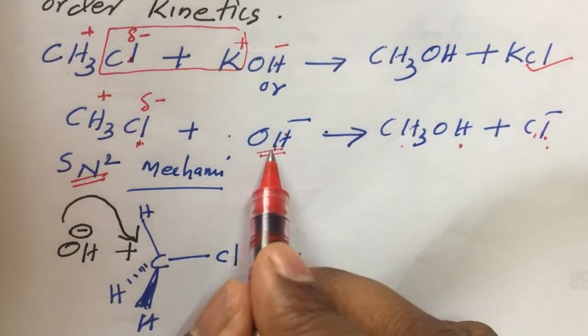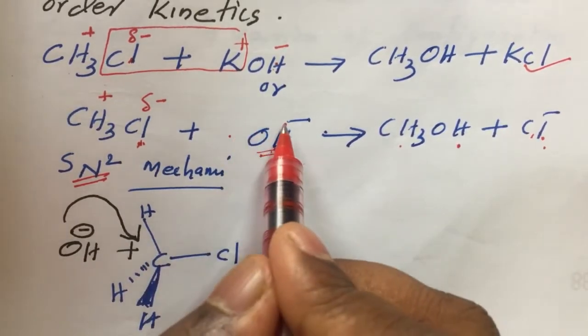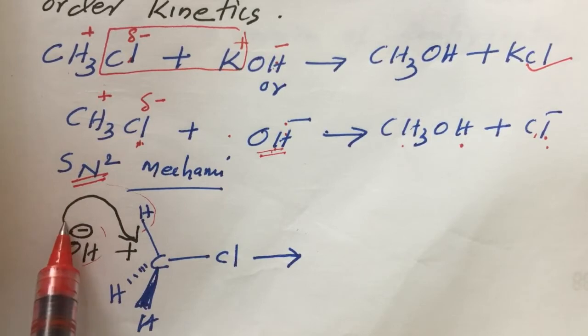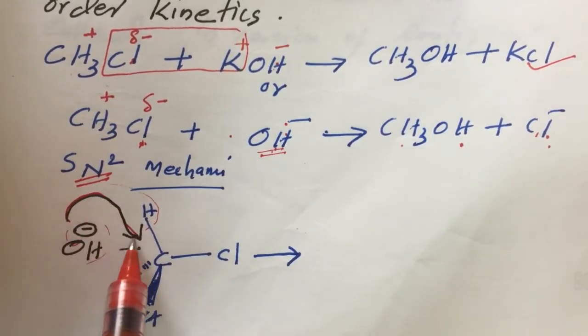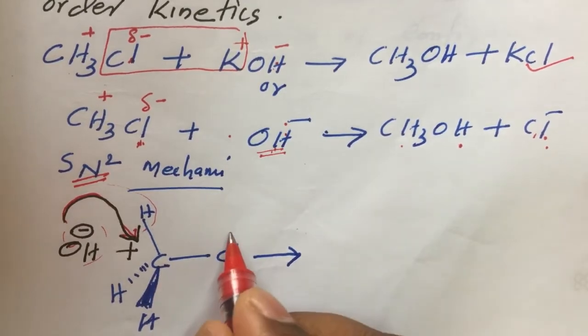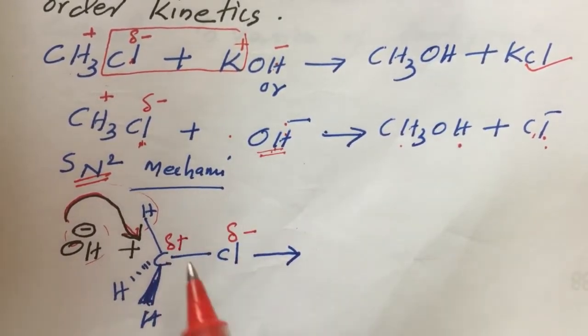Then OH minus will attack from the back side. See, the OH minus nucleophile attacks on the back side. We know the C-Cl bond is polar: chlorine is delta negative and carbon is delta positive.